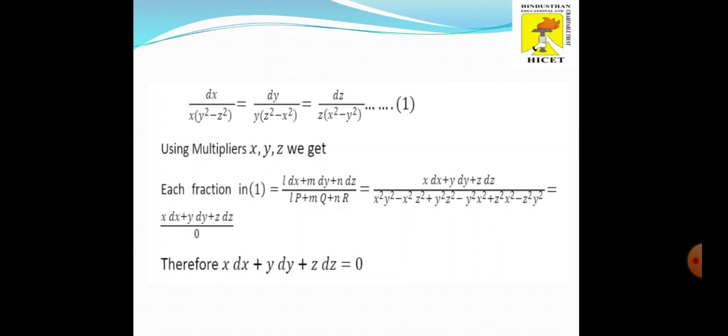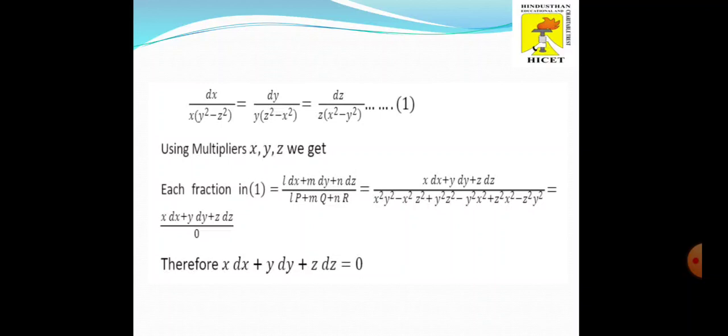plus NR is x dx plus y dy plus z dz by x square y square minus x square z square plus y square z square minus y square x square plus z square x square minus z square y square.